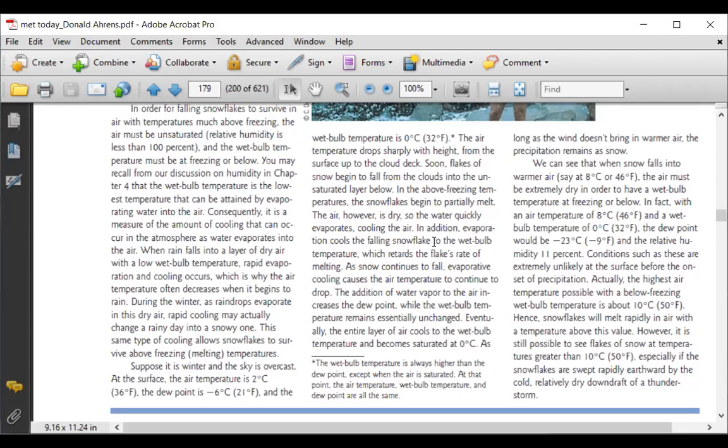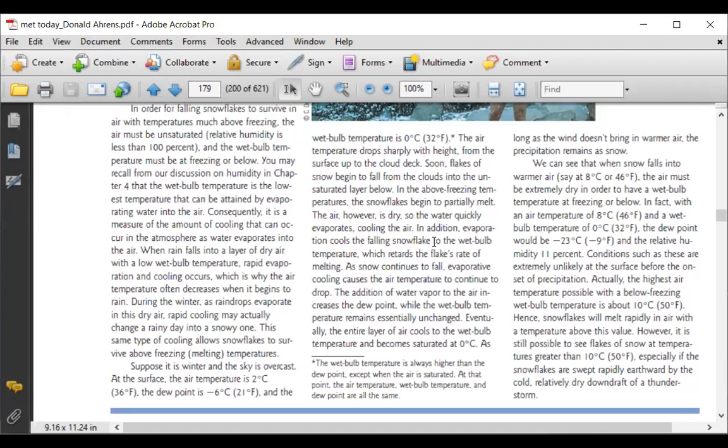If the temperature is much lower than that, they cannot hold it. So this is the lowest temperature that can be attained by the evaporating water. Evaporating water means vapor, that is not in a gaseous condition. They can attain this lowest temperature.